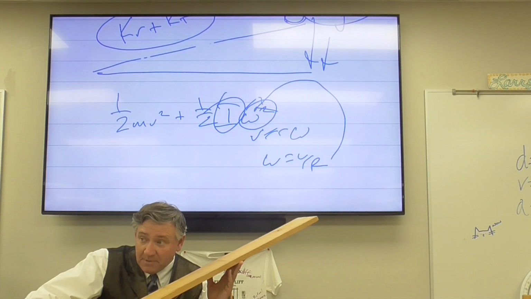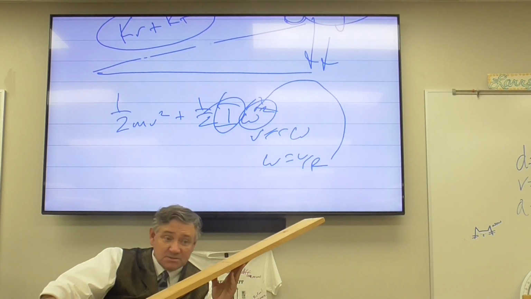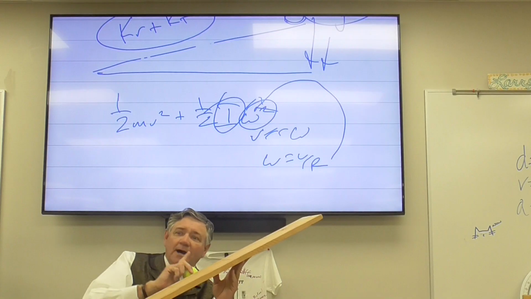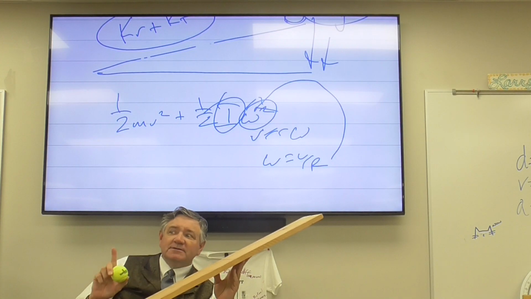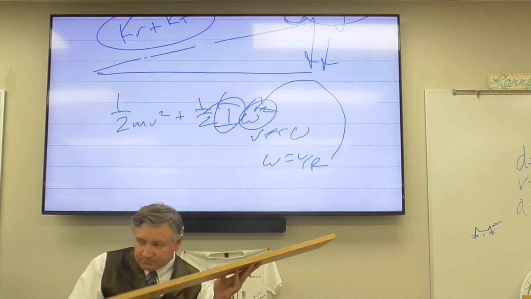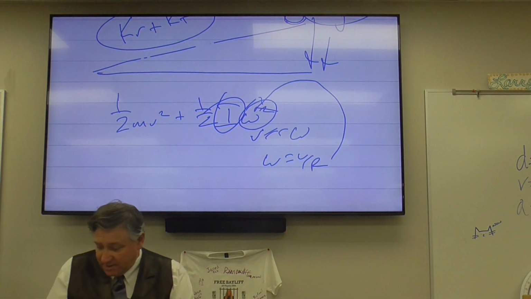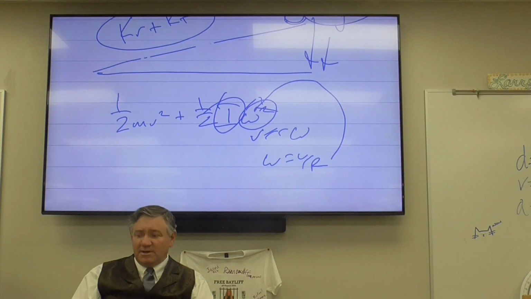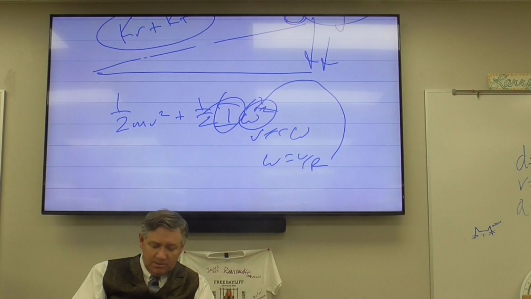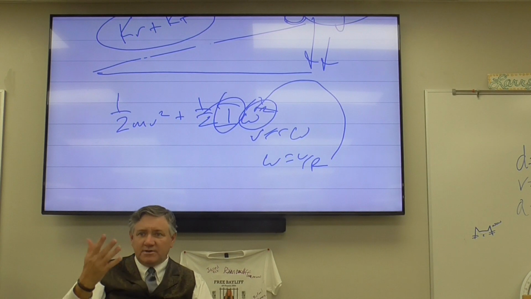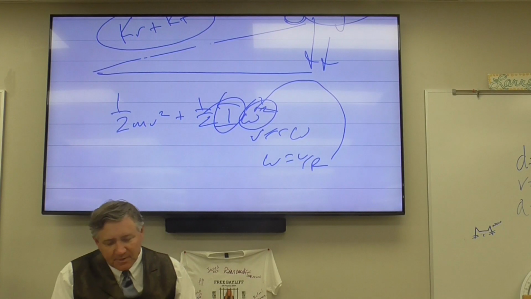The center of mass is above the table. So again, I don't care where you measure, just be consistent. How are you going to determine the radius of the tennis ball? You're going to wrap a string around it, you're just going to kind of eyeball it? What are you going to do? How are you going to get the radius of that tennis ball?